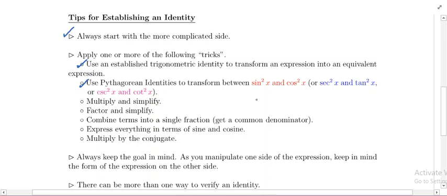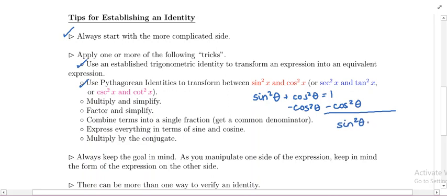We know that sine squared theta plus cosine squared theta is equal to 1. You can manipulate this: if you subtract cosine squared theta from both sides, then if you see sine squared theta in your identity, you can replace it with 1 minus the cosine squared of theta. So you can do things like that.